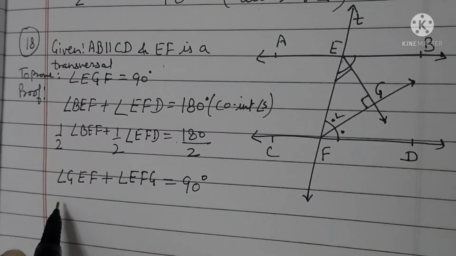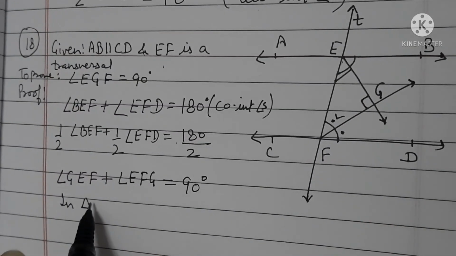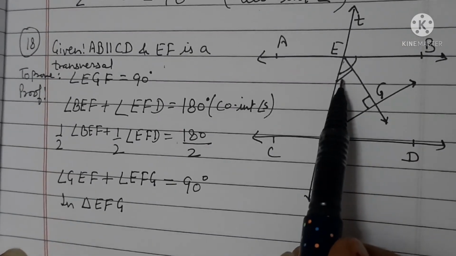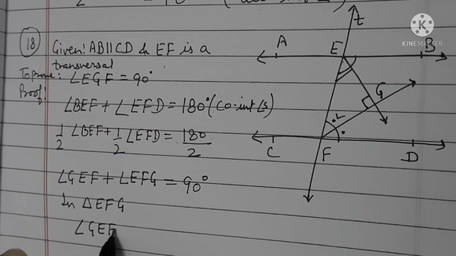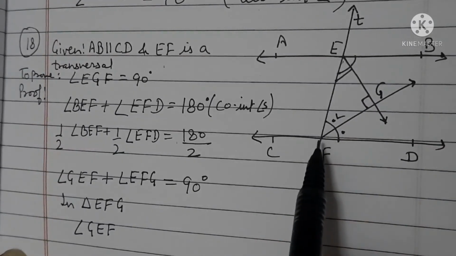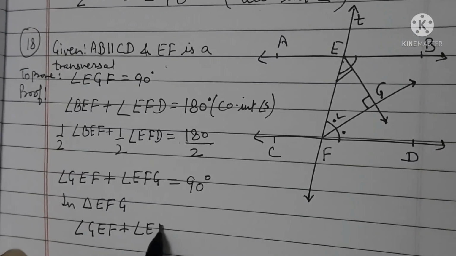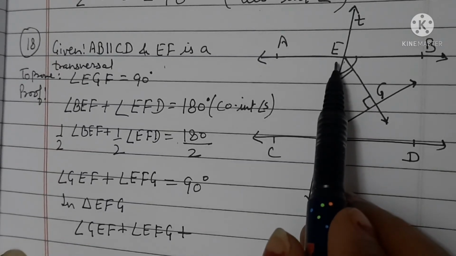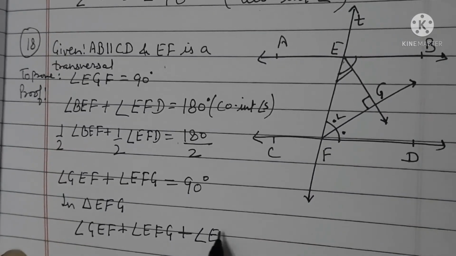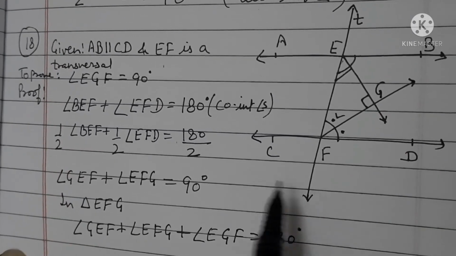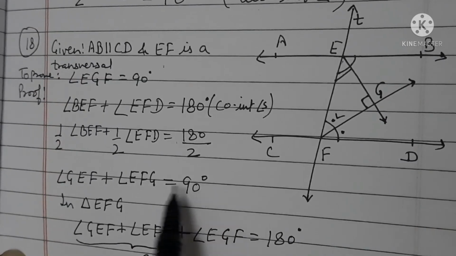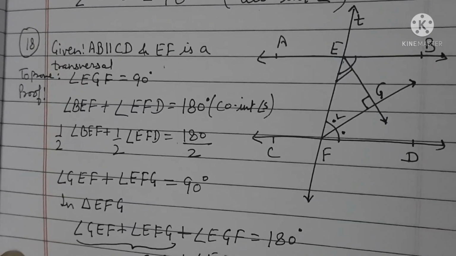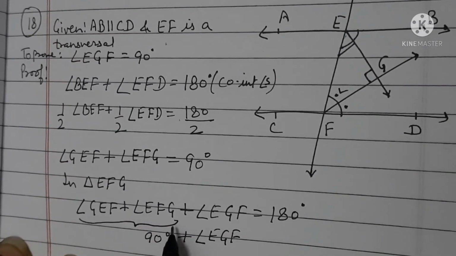So you can write in triangle EFG, angle GEF plus angle EFG plus angle EGF is equal to 180 degrees, and substitute this part, which will be 90 degrees, we have already found out, plus angle EGF is equal to 180 degrees.